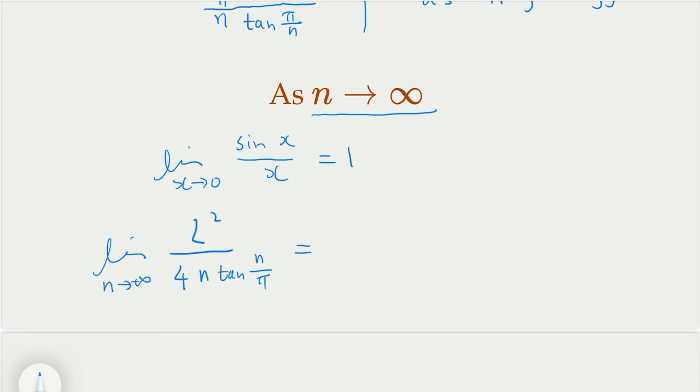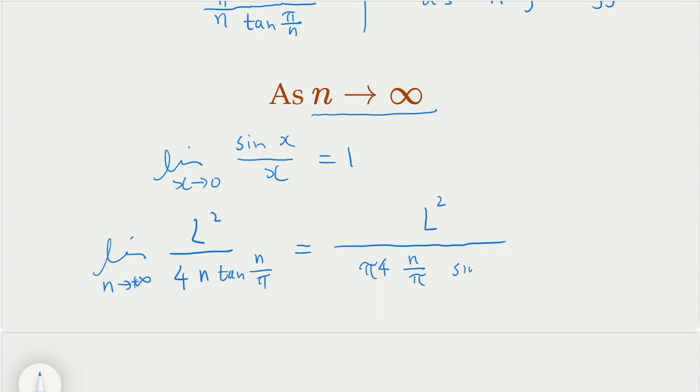Let's put n over pi here and get a pi here, and rewrite tangent as sine and cosine.